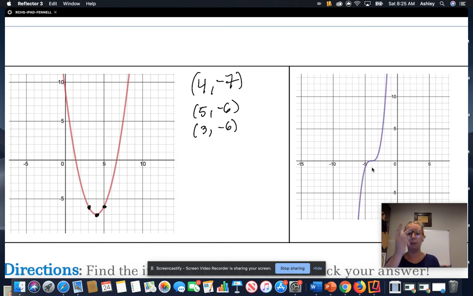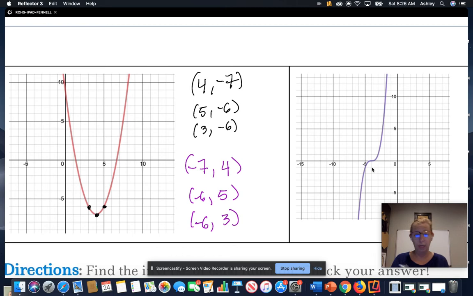Okay, so when I flip each of those, my inverse, we'll do in blue, is going to be -7. Oh, that's not very much different. Let's try a different color. Let's try purple. Okay, so my inverse function is going to be -7, 4, and then -6, 5, and also the value -6, 3. And then I'm just going to plot those points, and knowing what I know about how a quadratic is shaped, I should be able to draw the rest of my function.